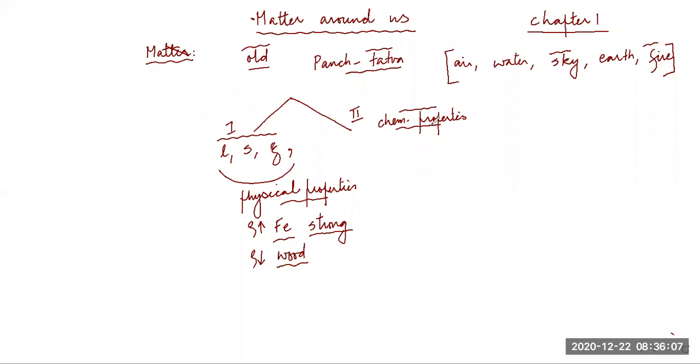So it's all about chemistry and chemical reactions. So when we talk about chemical properties, we divide the entire matter into elements, then compounds, and anyone else, and mixtures, right? So we'll discuss them one by one in detail.